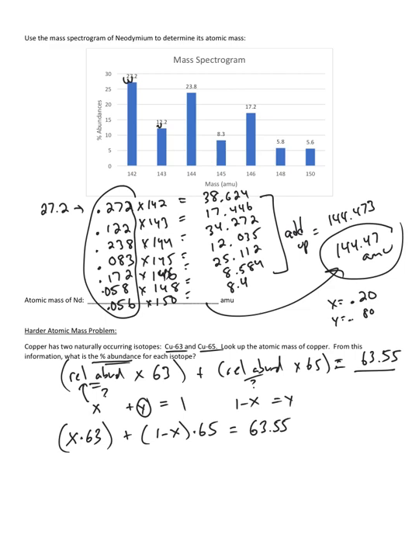Oftentimes what you did is you created two systems of equations: 63 times X plus 65 times Y equals 63.55, and X plus Y equals 1. We created a system of two equations, and now we can solve this by either elimination or substitution. What I've done here literally is substitution to solve these two equations.